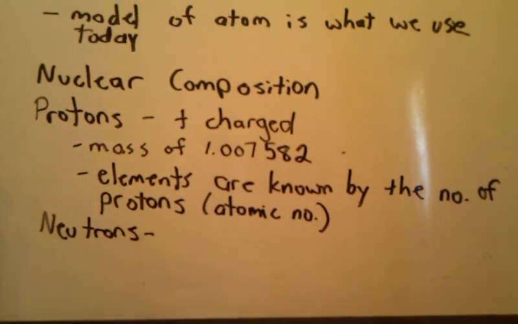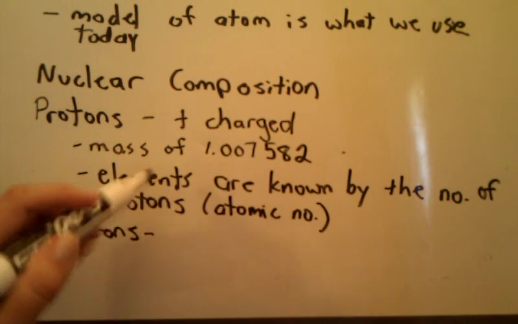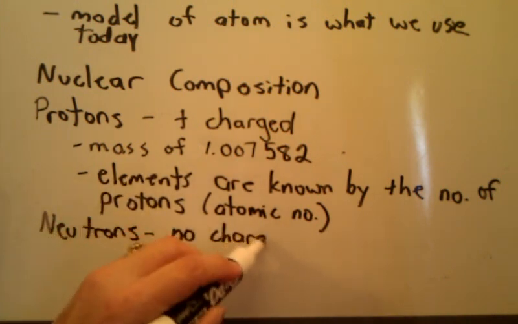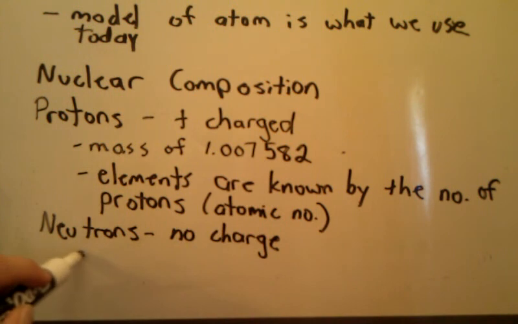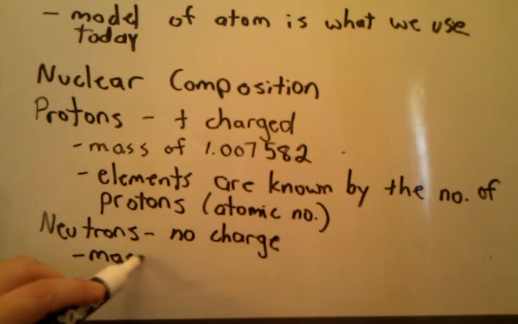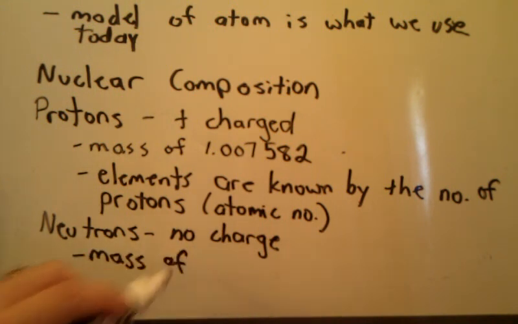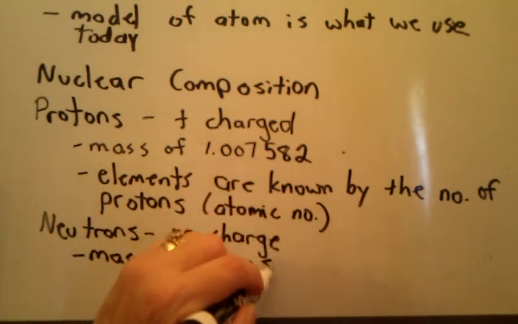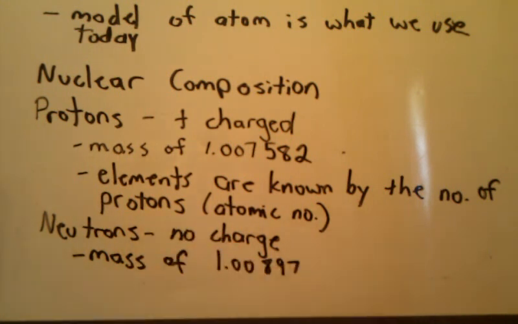Neutrons are particles with no electrical charge. So they have no charge, and they have a mass of 1.00897, slightly greater than that of a proton.